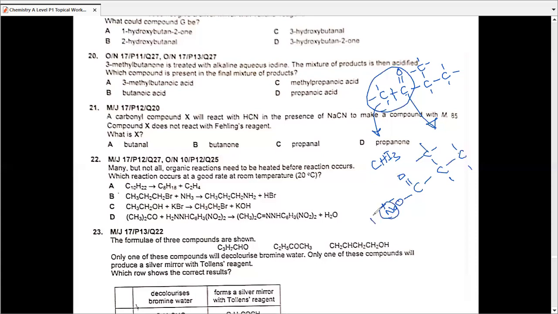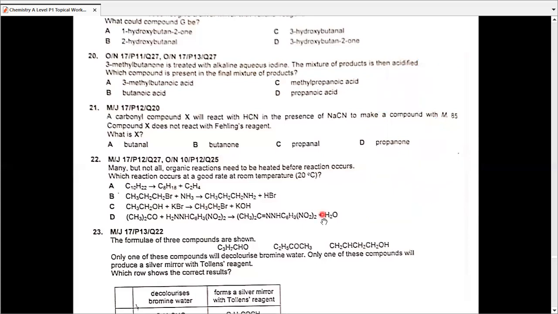Then this would further be replaced with H because there is acidification. Okay, this is methyl, this is prop. So I guess C, methyl propanoic acid. Yes, methyl propanoic acid. All right, I get it. Yeah, that makes sense.